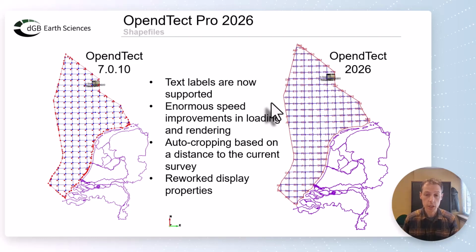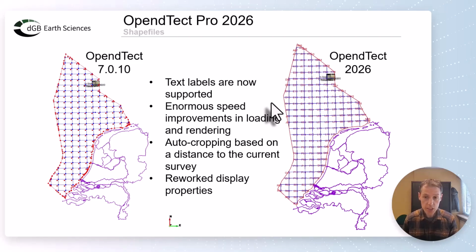In 3D, the rendering speed is extremely fluid now. And we have also added an auto cropping of huge shapefiles based on the distance to the current survey. So if you have a shapefile which extends laterally over an enormous area, it's going to be cropped automatically.